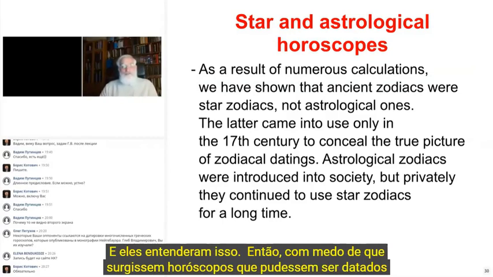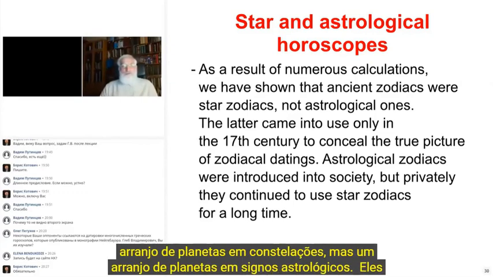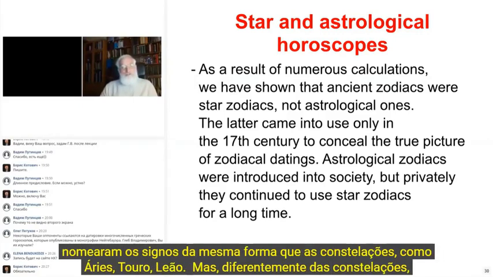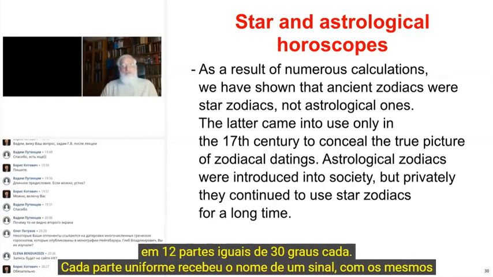So, out of fear that horoscopes would emerge that could be dated, and the date wouldn't match, they concocted an entire theory that a horoscope is not an arrangement of planets in constellations but an arrangement of planets in astrological signs. They named the signs the same as constellations, like Aries, Taurus, Leo. But unlike constellations, which are segmented portions of the zodiac of varying sizes, they simply divided the 360-degree circle into 12 equal parts of 30 degrees each.